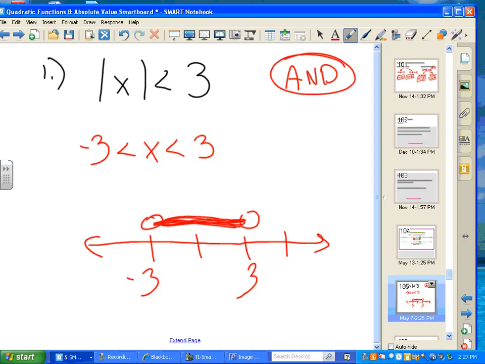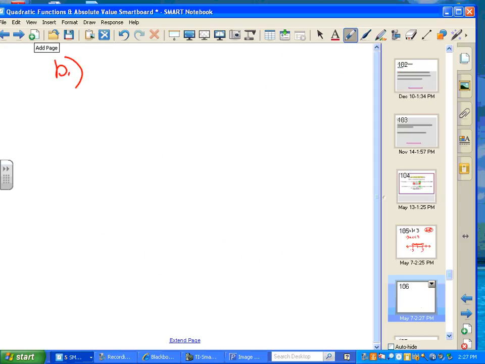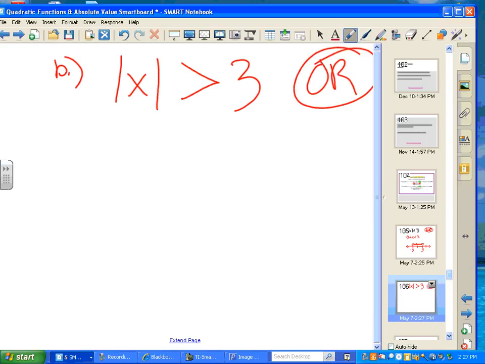Okay. The 1B is absolute value of x greater than 3. So if it's greater than, it's greater, so it's an or, which means x is greater than positive 3, or what would the other one be? Well, x is less than negative 3, so flip the sign, make it negative.